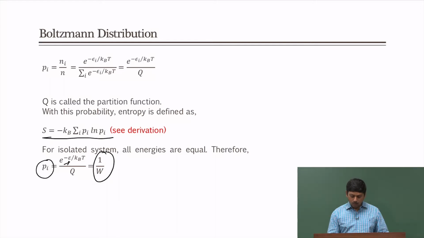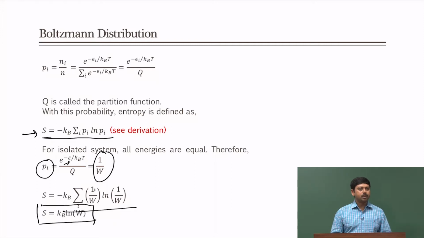And once I put 1 by W in this particular formula, because p_i is 1 by W, I get 1 by W ln 1 by W. Once I do that, I get back my k_B ln W. So, k_B ln W is a very general expression, and p_i ln p_i also is general, where the probabilities are different, but k_B ln W can simply be used for whatever.